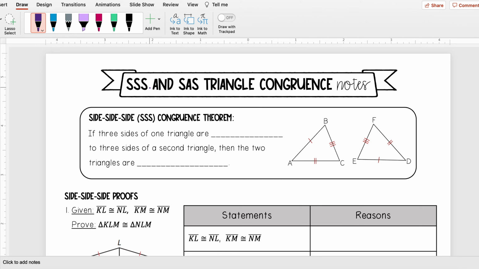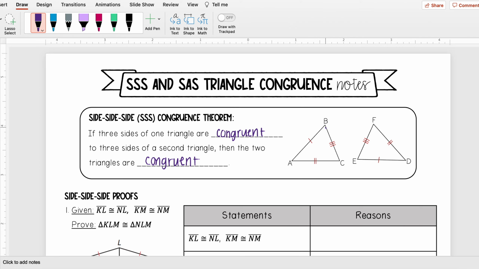The first one is called the side, side, side, or we'll just shorten that to SSS Congruence Theorem. And that theorem tells us that if three sides of one triangle are congruent to three sides of a second triangle, then the two triangles are congruent.